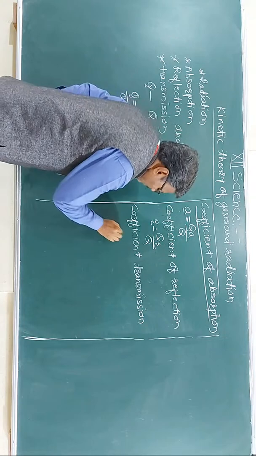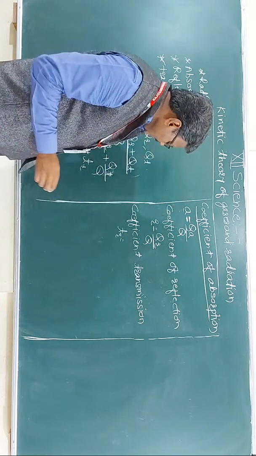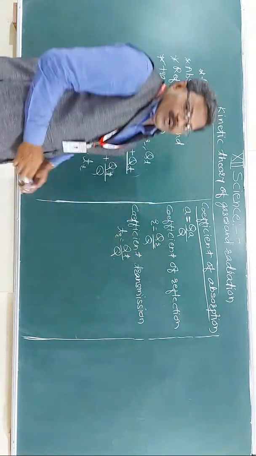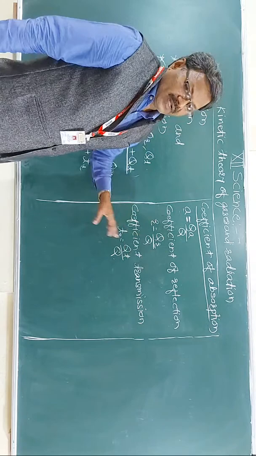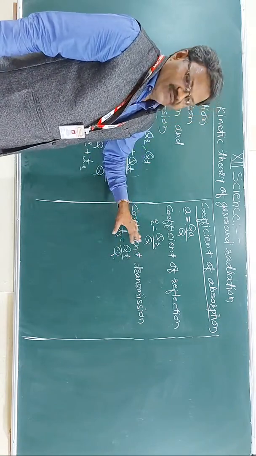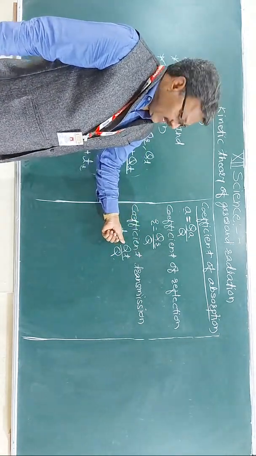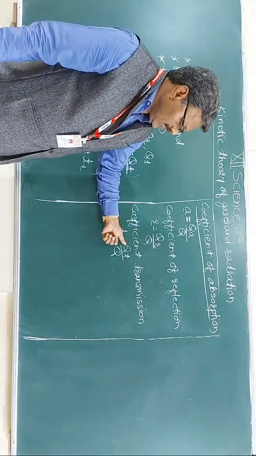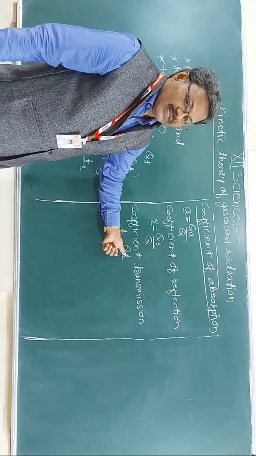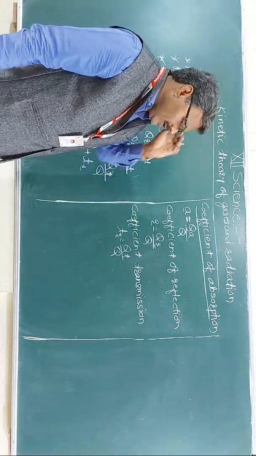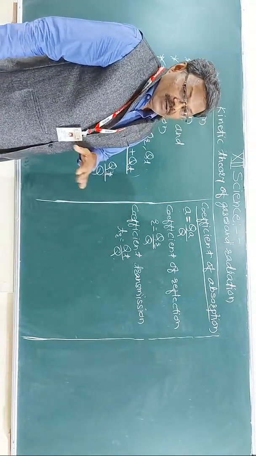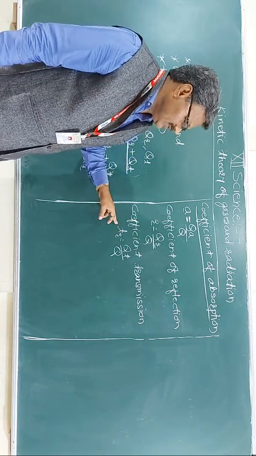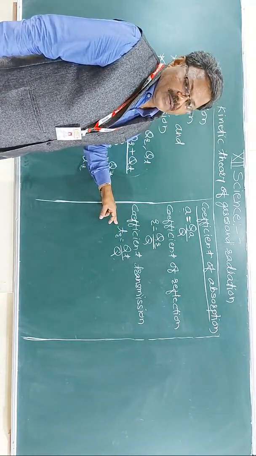Now this coefficient of transmission is represented by TR is equal to QT upon Q. We can define this as the ratio of the quantity of radiant energy or thermal energy transmitted through the body to the total radiant energy or thermal energy incident on it. This ratio is called the coefficient of transmission.